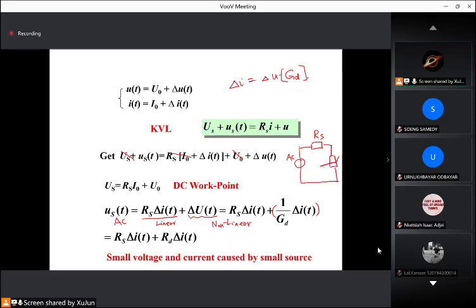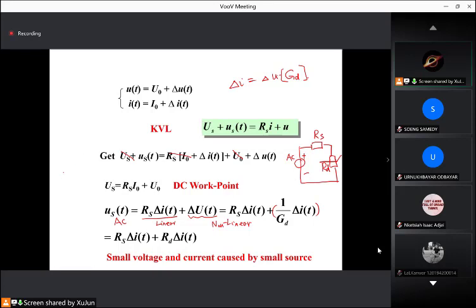For the nonlinear part, this is a linear resistor, this is a nonlinear resistor. But in the AC circuit, we use 1/GD or RD, the dynamic resistance, to express it. So we change the nonlinear circuit to a linear circuit.